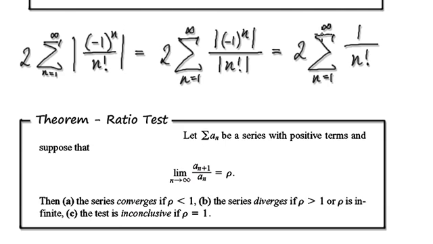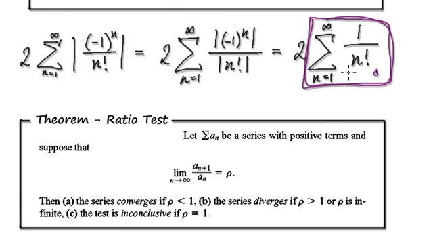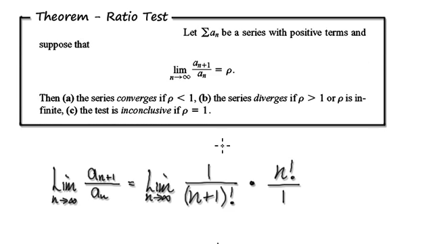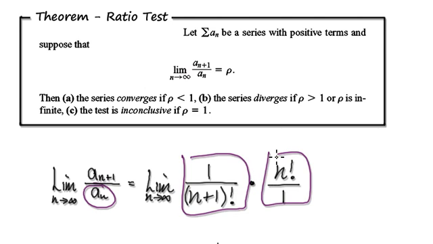Remember, we are trying to determine this now. Looking at n plus 1, a_(n+1) will be this over (n plus 1) factorial. So looking at a_(n+1), that will give us this, divided by this. That's the same as multiplying with the reciprocal of a_n, which will be this.